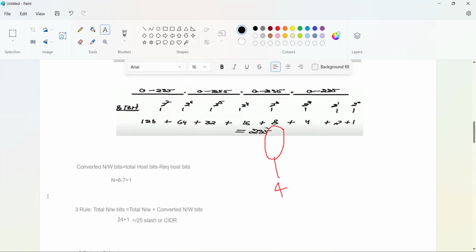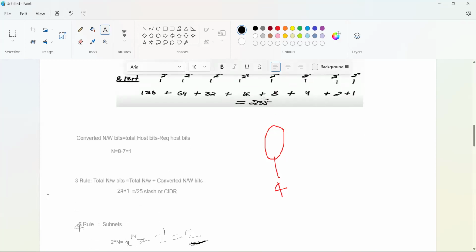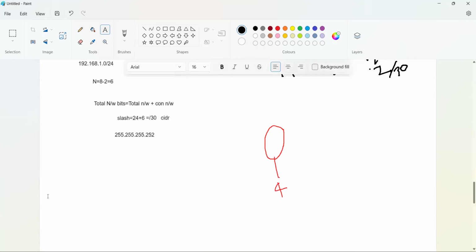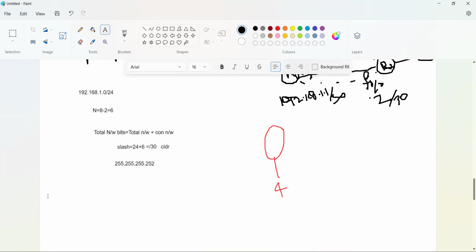Just subtract: 2 plus 1 is 3, 255 minus 3, then we got 252. That value is the subnet mask, likewise the slash value. Now our slash value converts to 30. Understood why I took it?